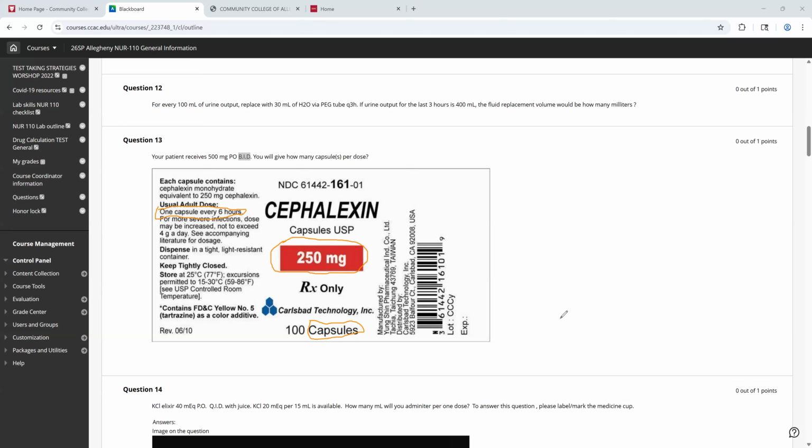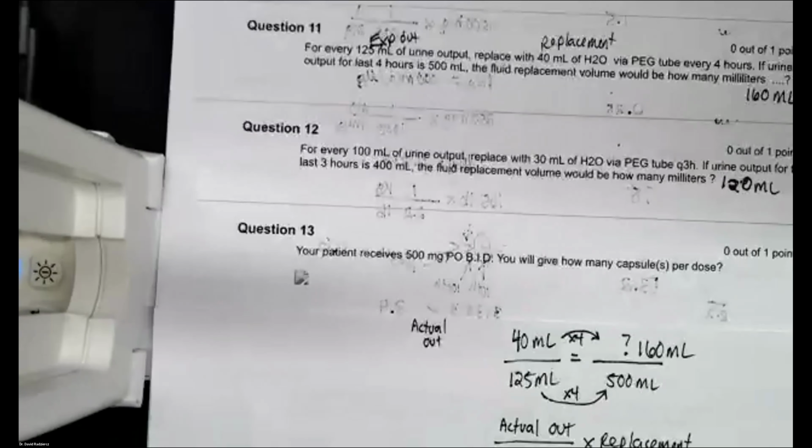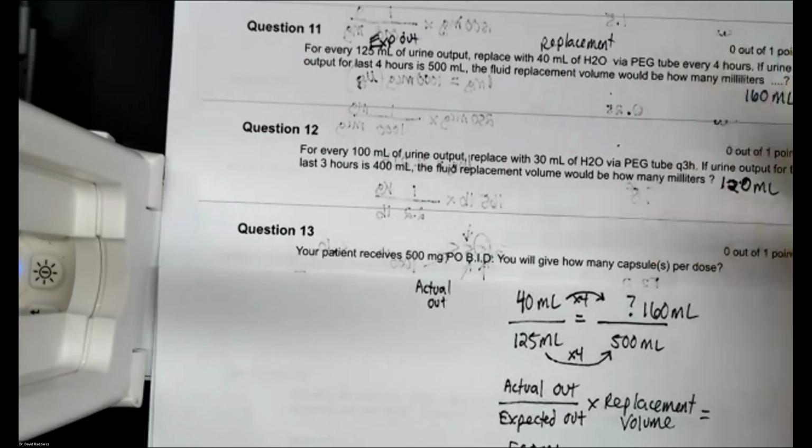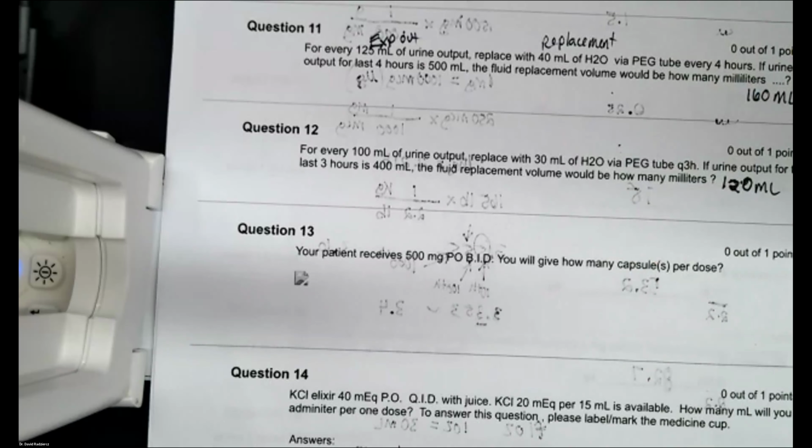If you don't just automatically go in your head that it's 2, I'll do it as order over available. So let me show you how I'd write that out. Hold on a second, let me just fold this down.